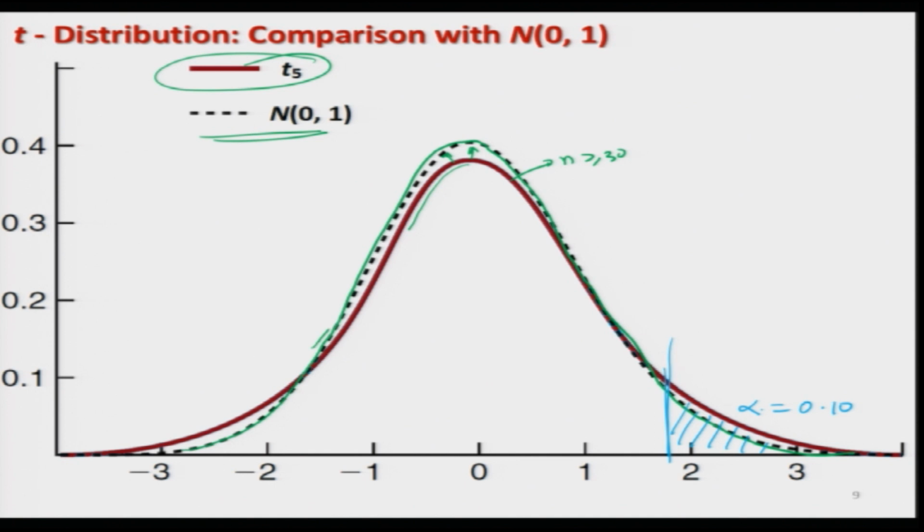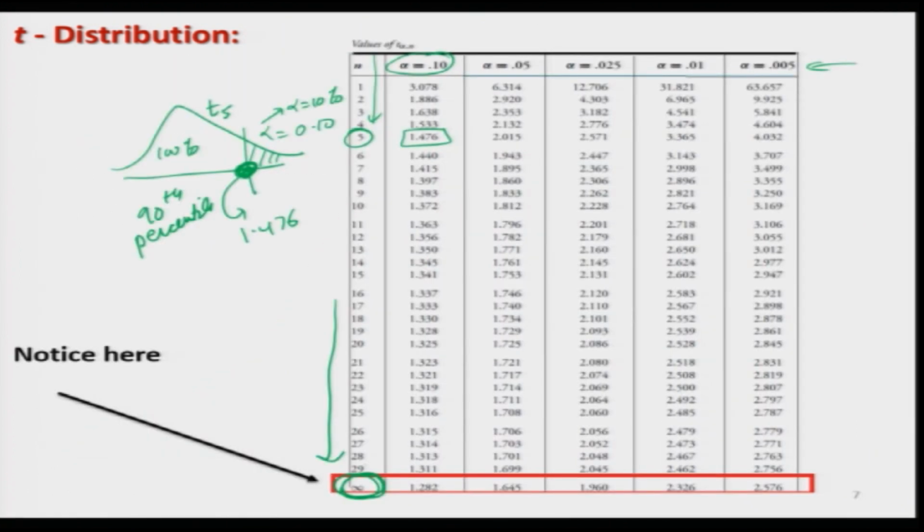When both these curves for n greater than or equal to 30 become identical, then whether you compute this probability using the t distribution or the normal distribution, they will give you the same value. That is the basic concept behind why there are no values after 30 here.